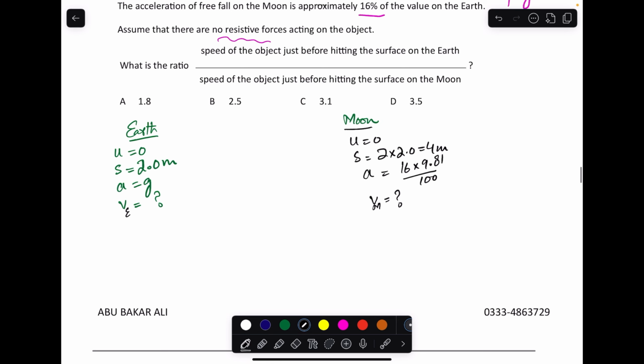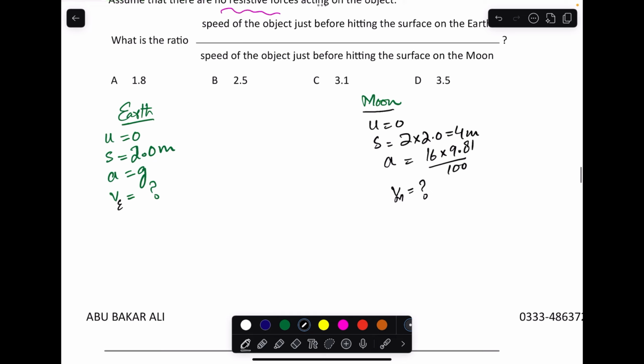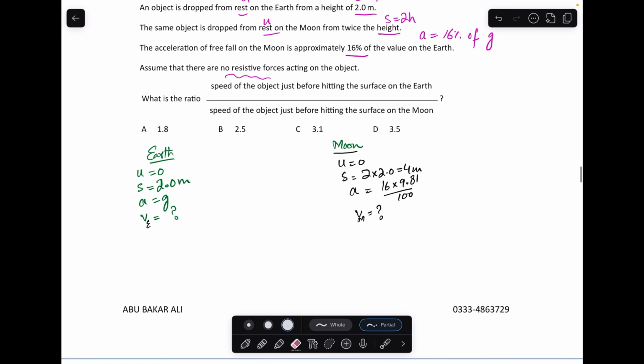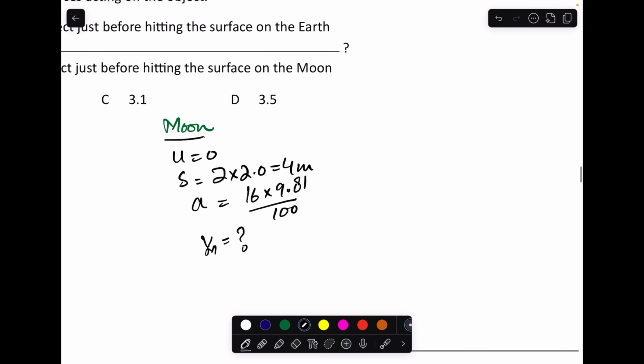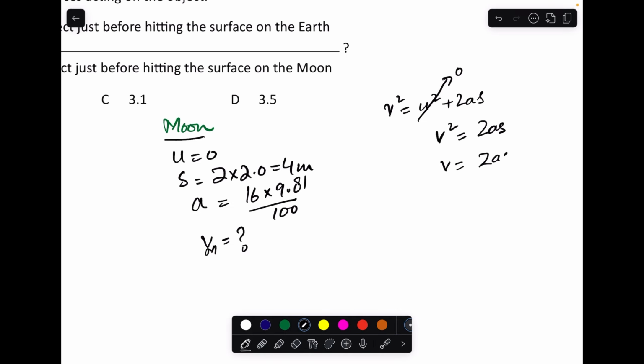So if you recall the equations of motion, the equation that we can use here, let me write it down here. We know the equation of motion v square is equal to u square plus 2as. As in both the cases u is 0, so v square is equal to 2as. So v can be written as 2as under the root.